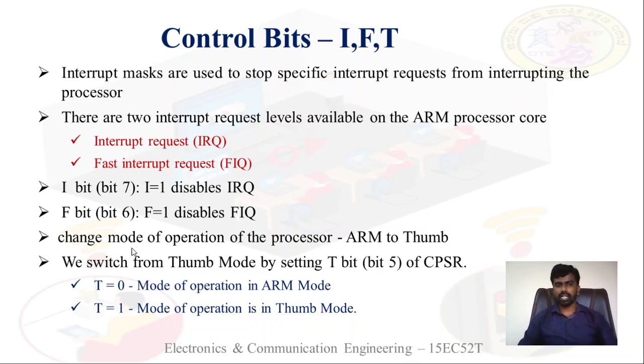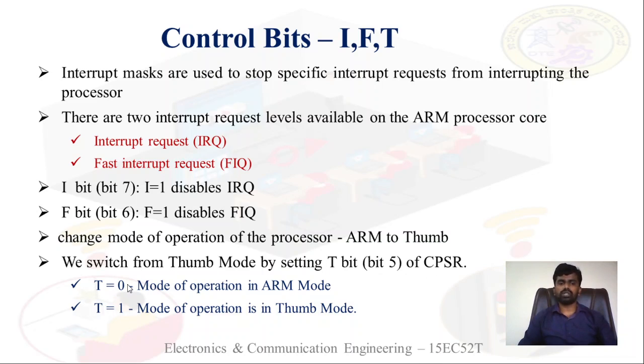We can change the mode of operation of the processor from ARM to Thumb or Thumb to ARM by setting the T bit, that is bit number 5 in the control field of the CPSR.